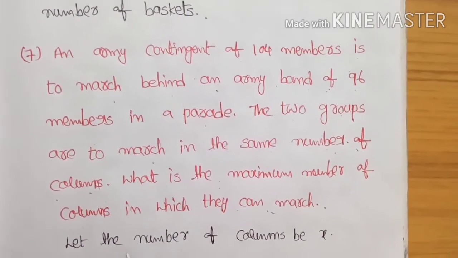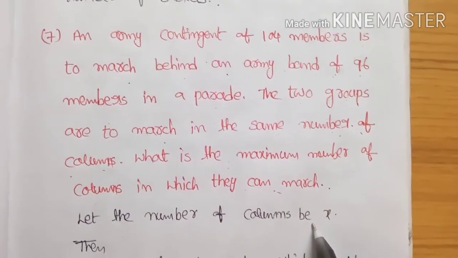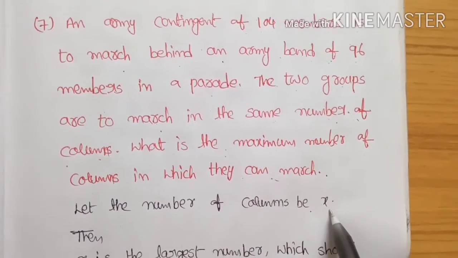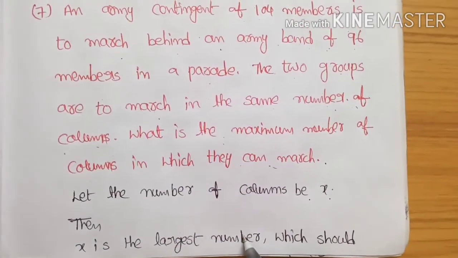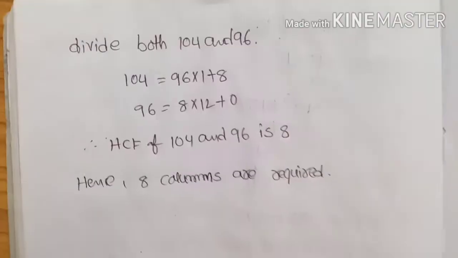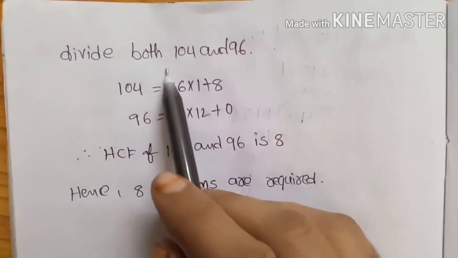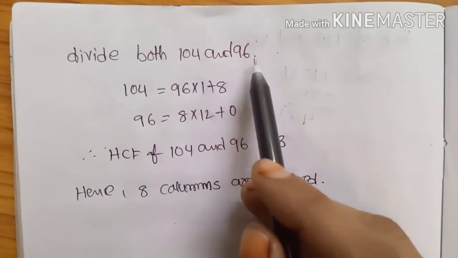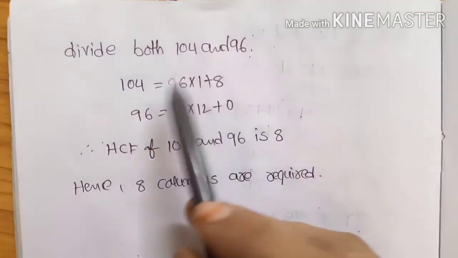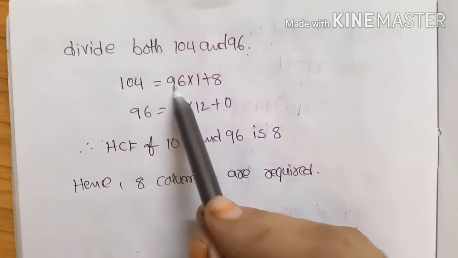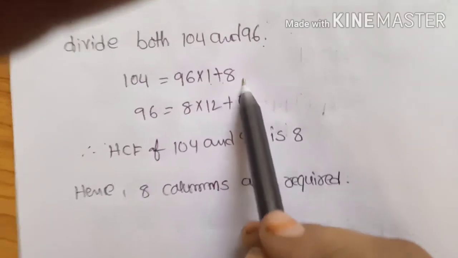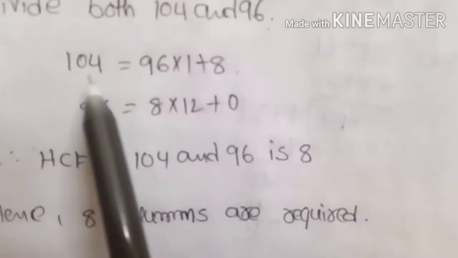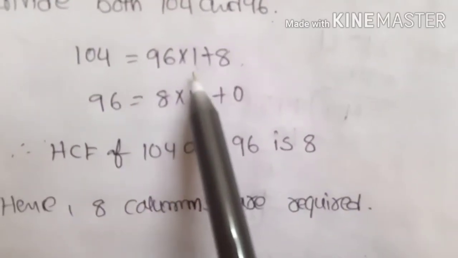Okay, first let the number of columns be x. Then x is the largest number which should divide both 104 and 96. Okay, 104 = 96 × 1 + 8.